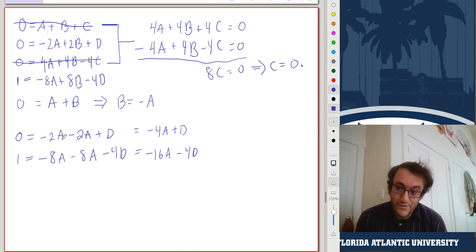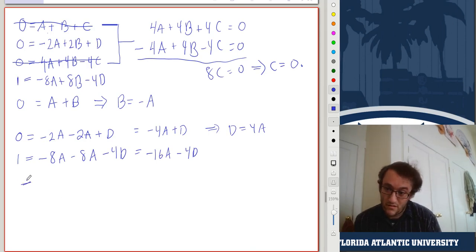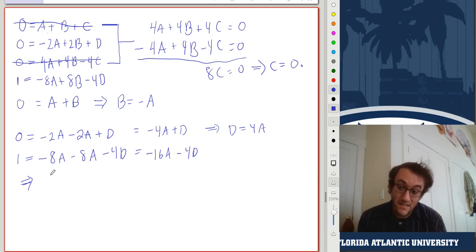Okay, so from this, because minus 4a plus d equals 0, this tells us that d is equal to 4a, which tells me that from this equation, minus 16a minus 4d becomes minus 16a minus another 16a.